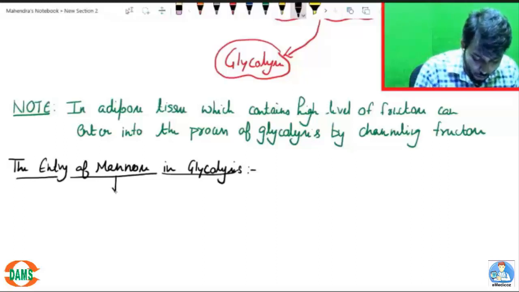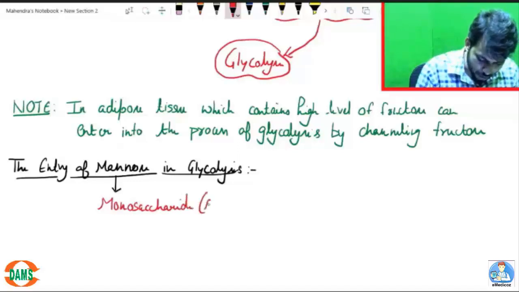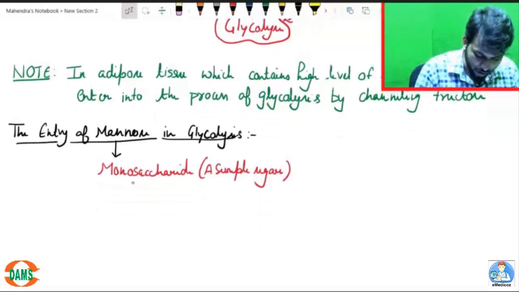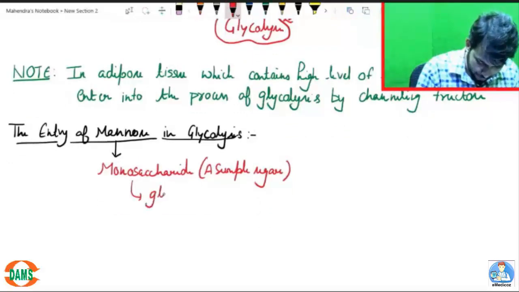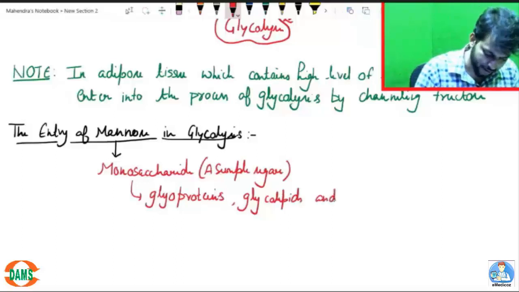Mannose, which is also a monosaccharide, a simple sugar, mainly occurs in glycoproteins, glycolipids, and polysaccharides.